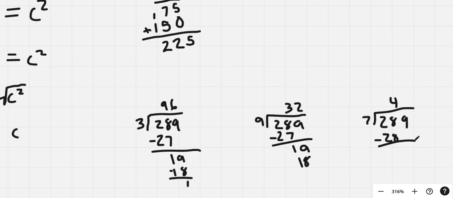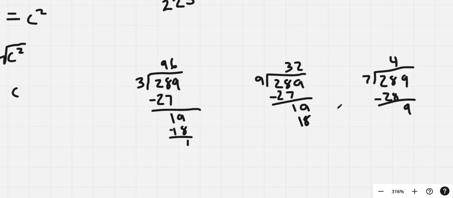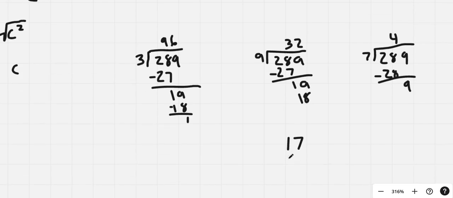So 7 is also not a factor of 289. However, there is a factor of 289. Let's try 17 times 17.